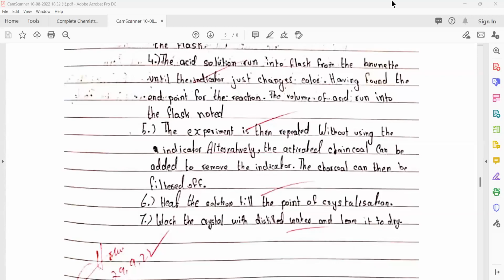We were discussing in the last part of the lesson that you have a conical flask that looks like this, and here you have a burette.